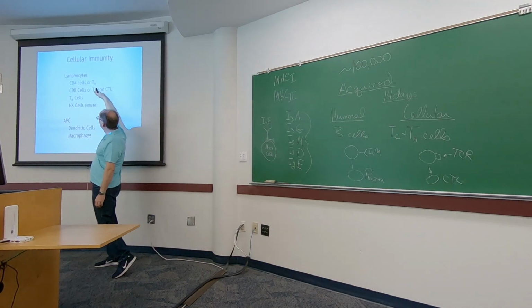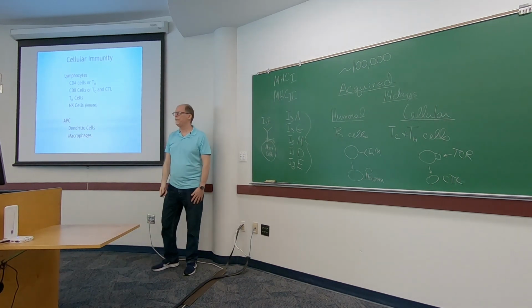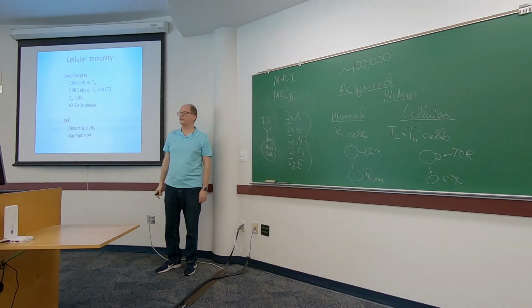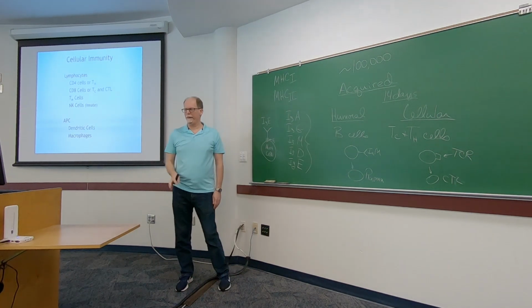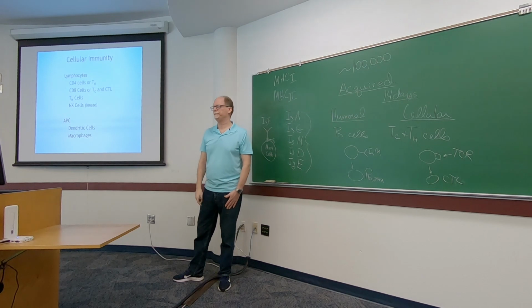We make memory cells. We talked about CD4, CD8. The antigen presenting cells for the T cells, whether it's T helper or T cytotoxic, can be dendritic cells or macrophages, and that's because they're involved in the elimination of bacteria and virus.